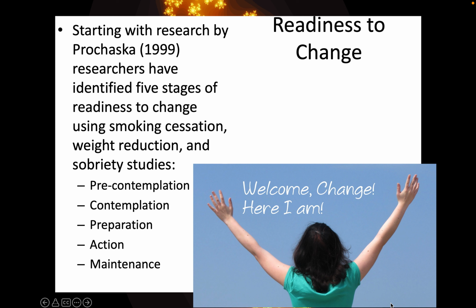If you've ever had a conversation with somebody who was an addict, somebody who was an alcoholic, the first time you confront them, usually they say, oh, I'm not an alcoholic. Alcoholics do this, this, and this, and I don't do this, this, and this. Therefore, I'm not an alcoholic.